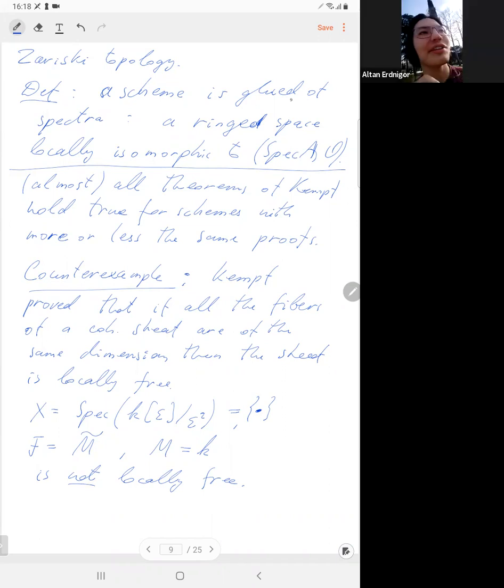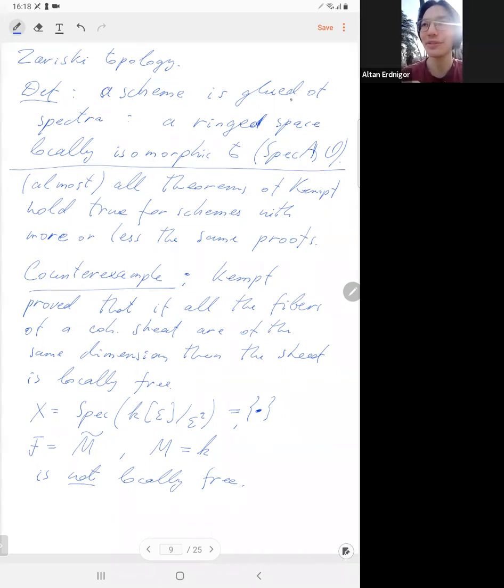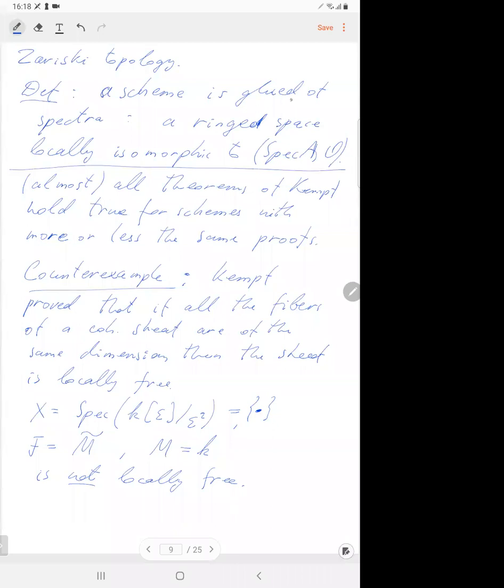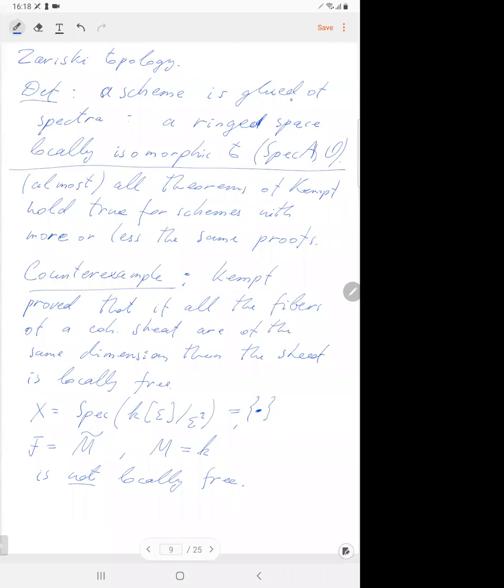Okay, and another question is about schemes. I heard that schemes are great because you can study them over different extensions of your field, or you can reduce them, for example, to a subfield. Well, next week we'll start developing the Hilbert schemes, and the Hilbert schemes are solutions of some moduli problems, so they arise naturally. But those Hilbert schemes usually necessarily have nilpotents, so they are not varieties.